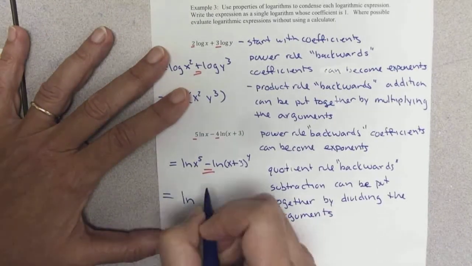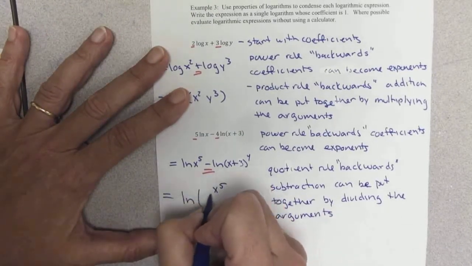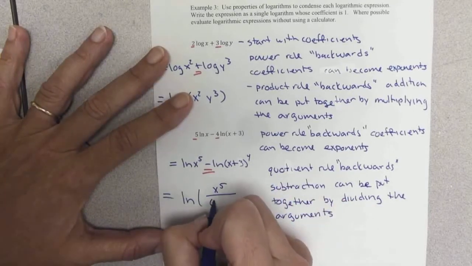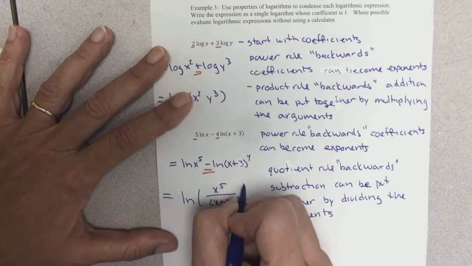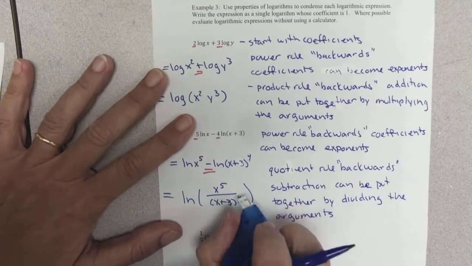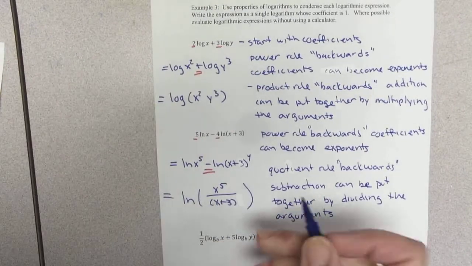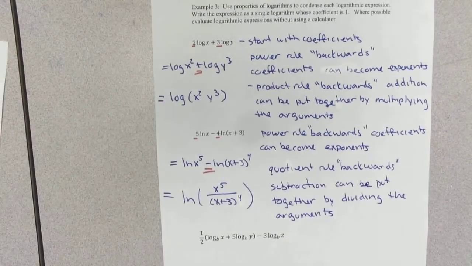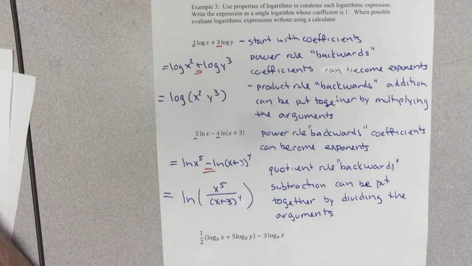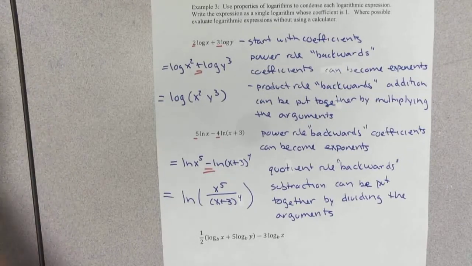So this becomes natural log of x to the 5th over x plus 3 to the 4th. And there we've done the problem. They just wanted us to condense those, and we've condensed them.